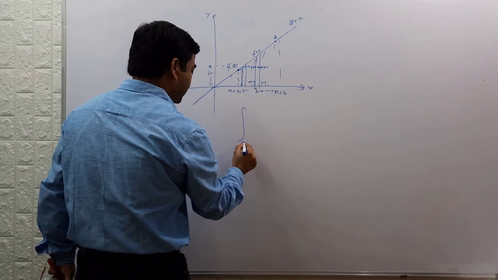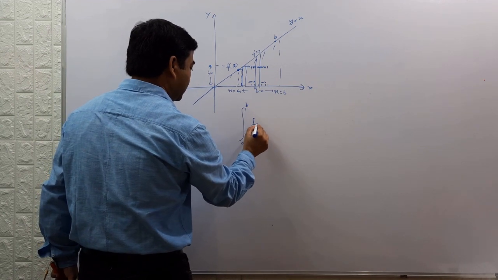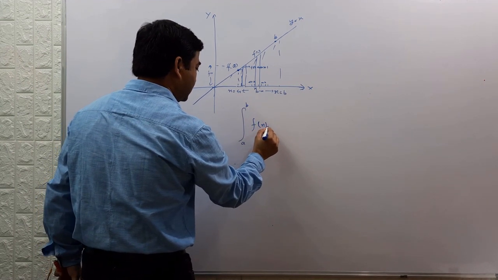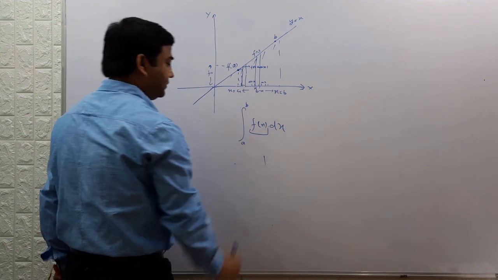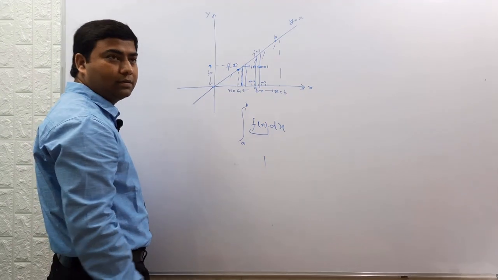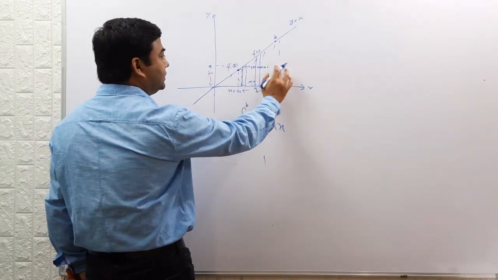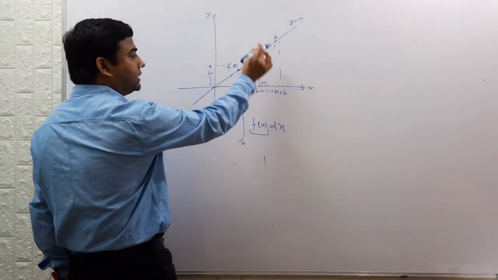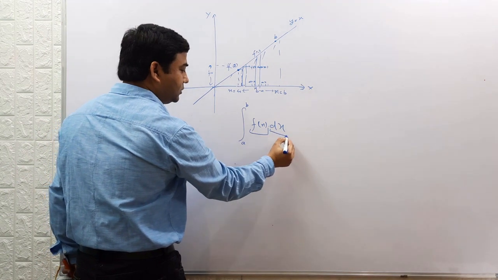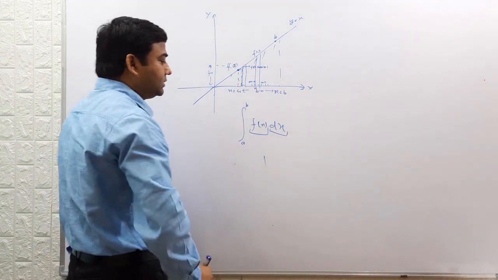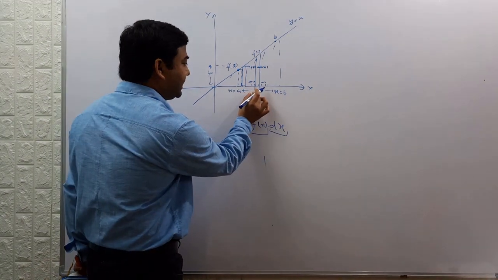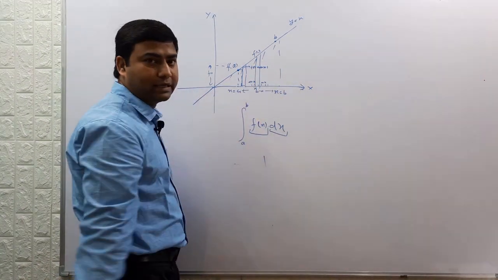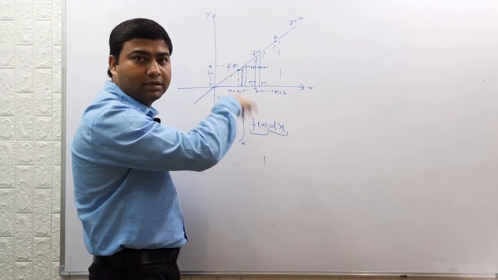In integration a to b f(x) dx, this is the height of a rectangle, a general rectangle. It will have an infinite number of thin rectangles, and this is the width of a general rectangle. This is constant. We have seen delta x is constant for all rectangles, and height is changing.